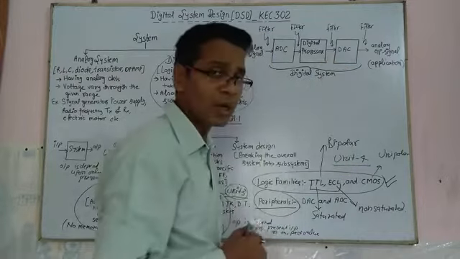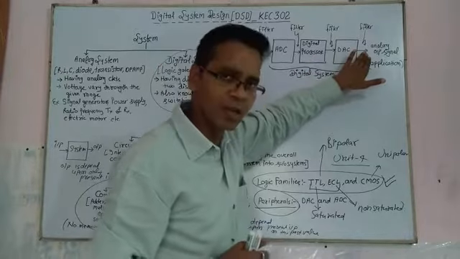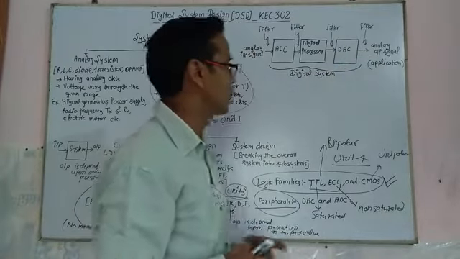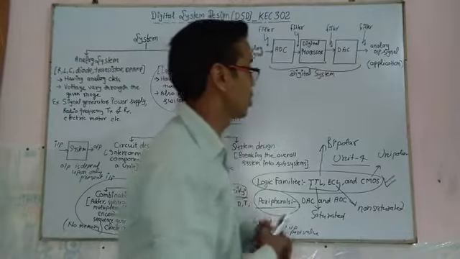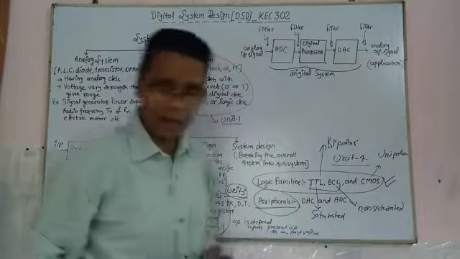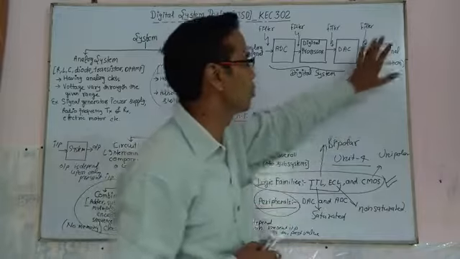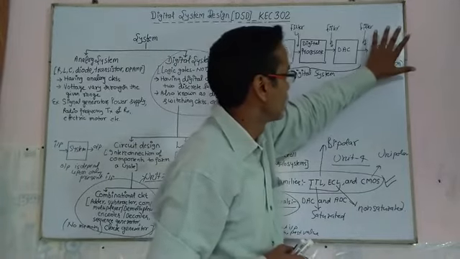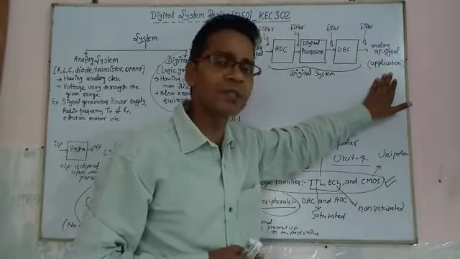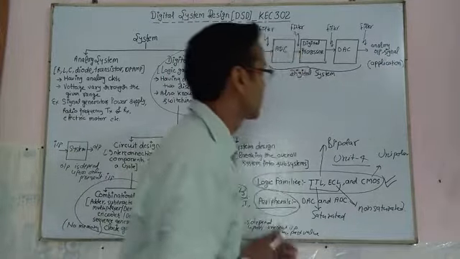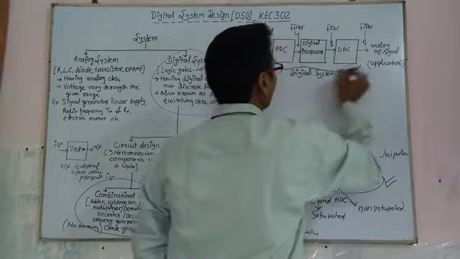Now again you have to convert this digital signal into an analog signal. So again you need to convert using a digital to analog converter, because the output will be analog. What do you want to use your output signal for? This is the application, and the application output signal is in analog form. So this is the digital system.